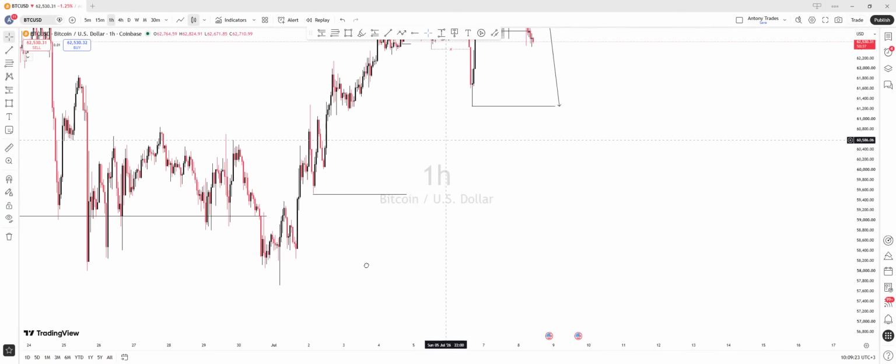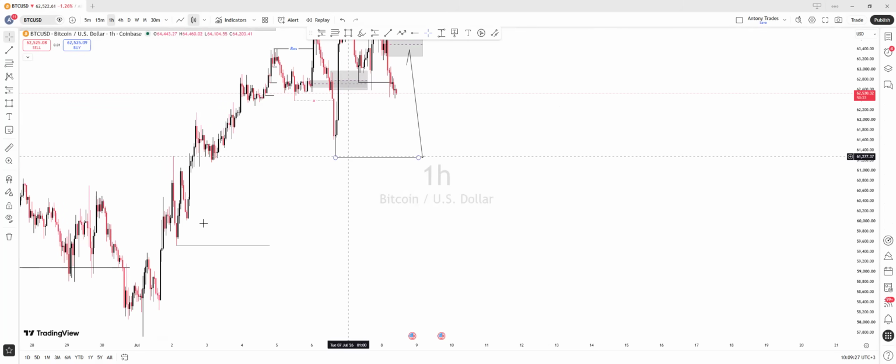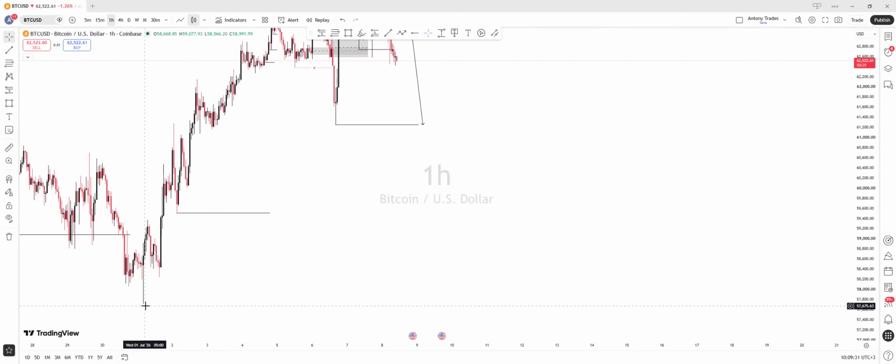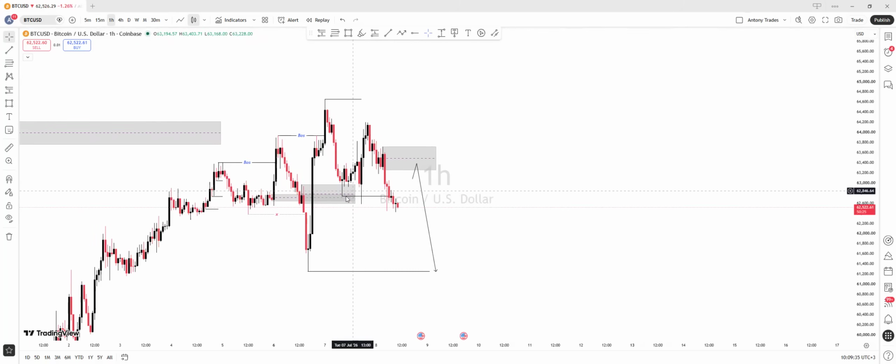So you join with the pullback, and then you target the new lower low that will be formed here, and all these lows become liquidity. But as of now, we are seeing an internal change of character here. This is what I call an internal change of character. If the market has that pullback, because I can see now we have really closed below this point of interest, it means we have violated this zone since we have closed below it.